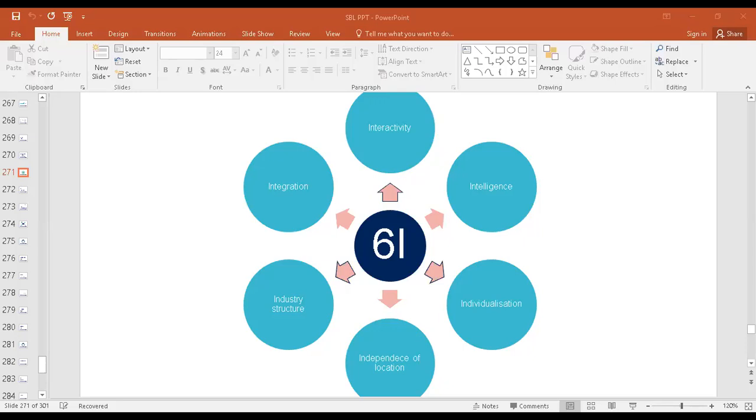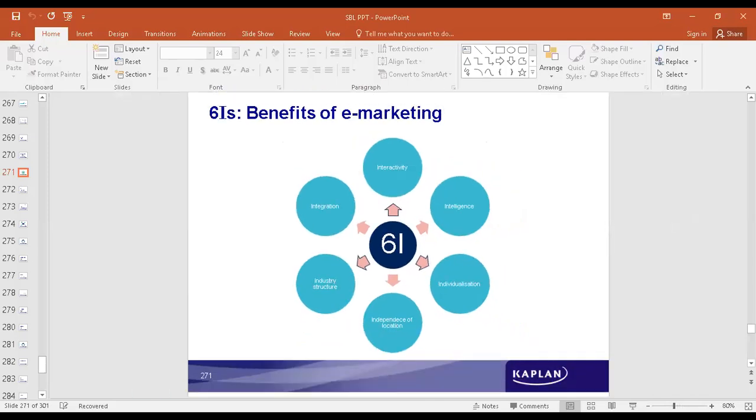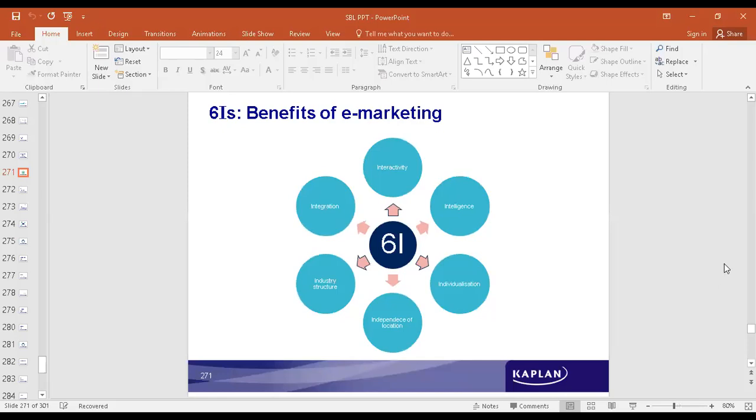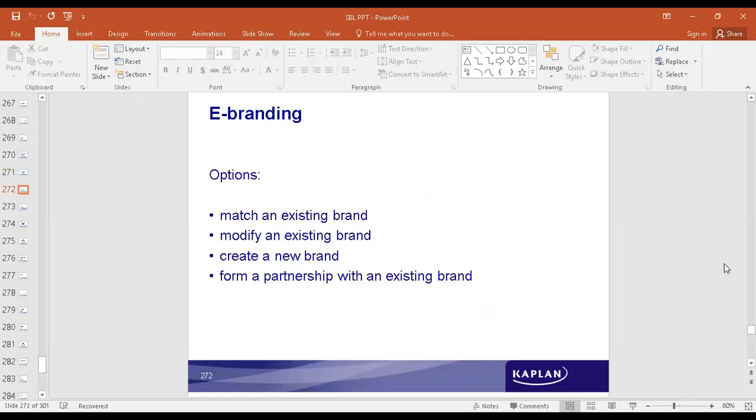It is no longer restricted to a particular location or local area, but it is independence of location. So now it is a global market wherein the sellers and the customers are all present, and can get the benefit out of all of them. Those are the benefits of e-marketing. Okay.